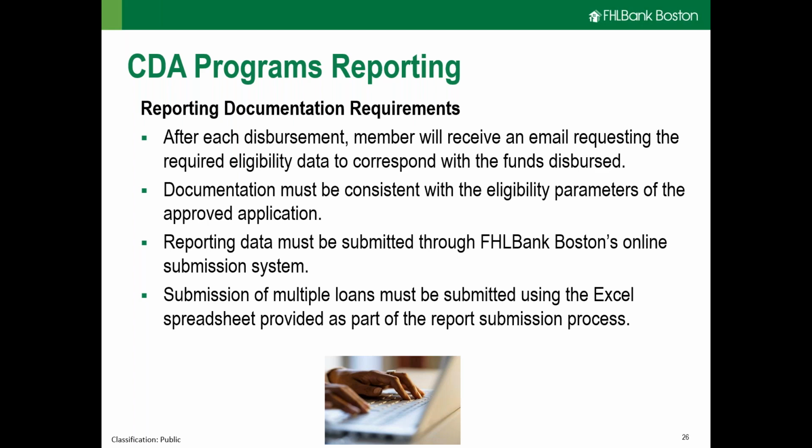If, for example, you drew down $2 million, and you provide us with a file with, let's say, 2.5 million, of that 2.5, only 1.5 had eligible households. You will receive credit for the 1.5, but you will still be required to provide us reporting until you satisfy the full 2 million that was drawn down. And that exercise would continue until we reach the full eligibility for the amount that was dispersed.